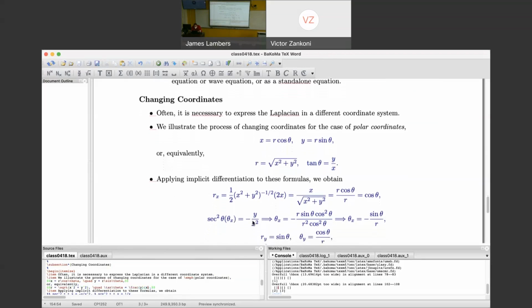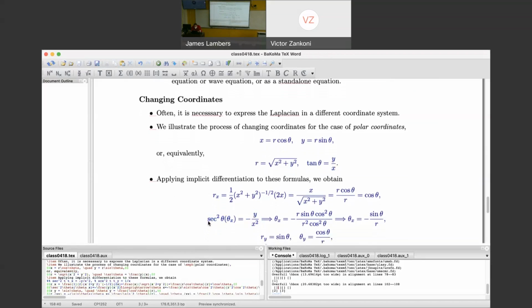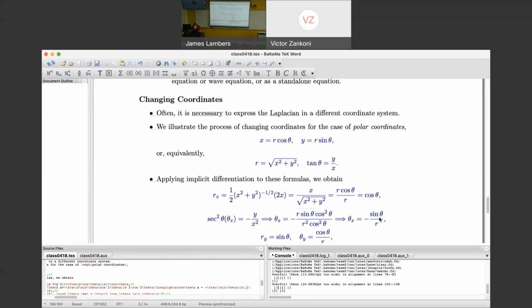Now that I have this equation, I move the secant squared theta to the other side, which gives me this cosine squared theta up here, because secant is 1 over cosine. Then minus y becomes this, and the x squared down here, written in polar coordinates. Simplify as much as possible, and this is what we get for d theta dx.